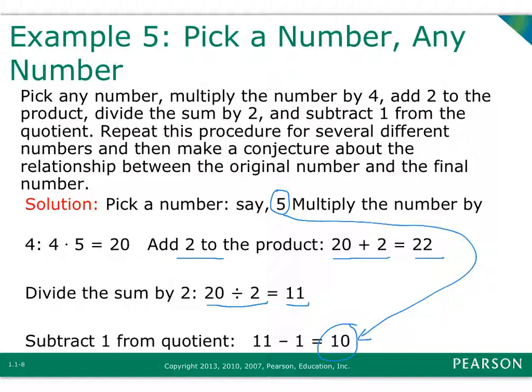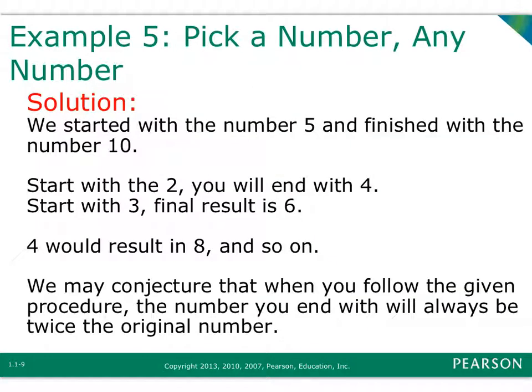Well, it looks like if we did this again, we may see that 5 times 2 is equal to 10, so maybe twice the original number. Well, let's try again. We started with the number 5 and finished with the number 10. Let's start with the number 2.